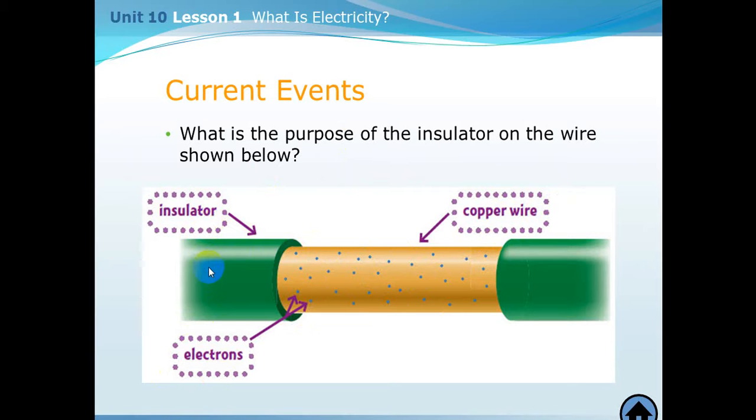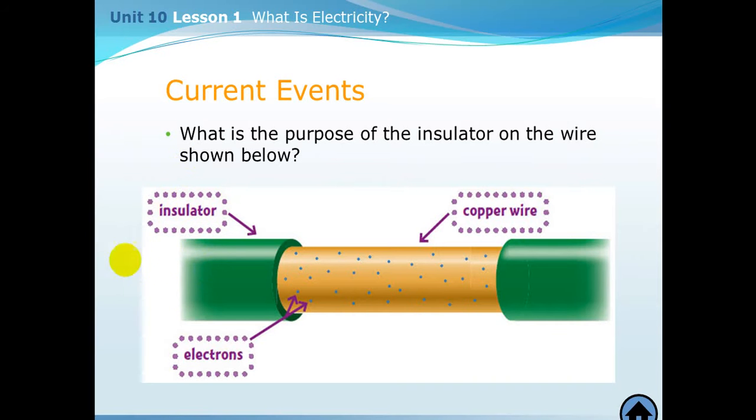As we said before in the previous unit, insulators are materials that resist the flow of electrons. In the previous unit, we said that the insulator prevents or resists the flow of heat, and most insulators also act as insulators of electricity.